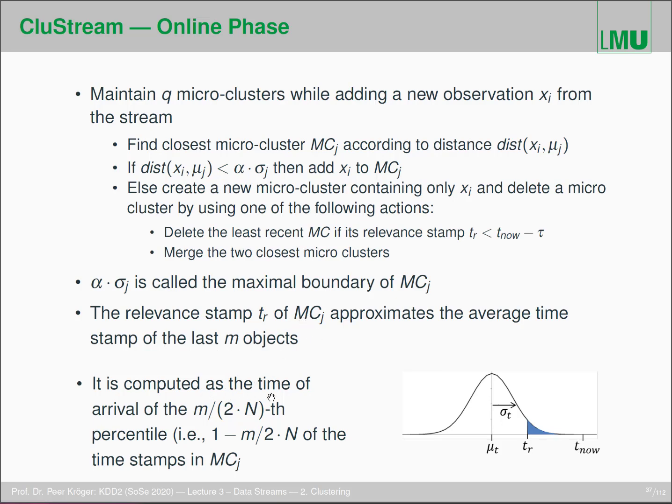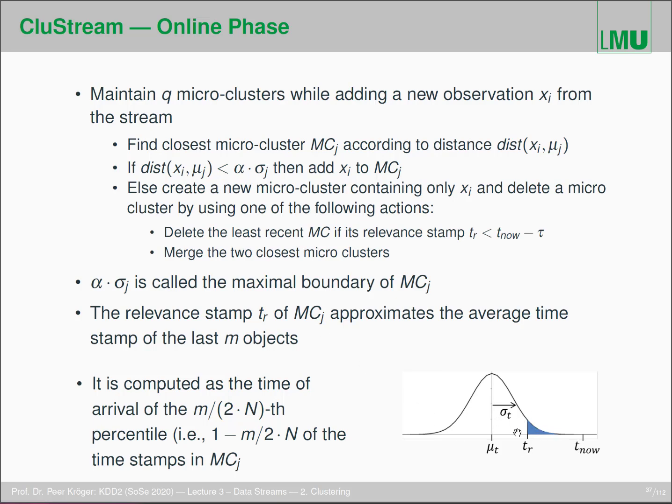And it's just computed as the time of arrival of the m divided by 2n-th percentile. Here n is the number of points in the microcluster, and m is another parameter. So you look at the distribution of time slots of this microcluster, for which you compute the relevance stamp.